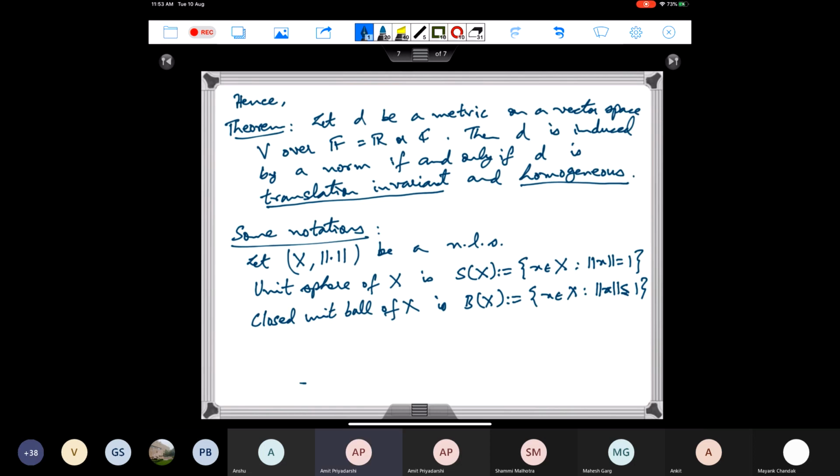So more generally, we will define the closed ball of radius r centered at x naught.